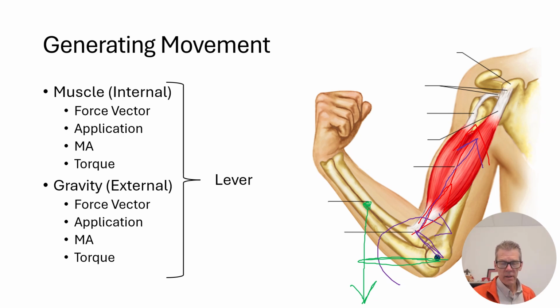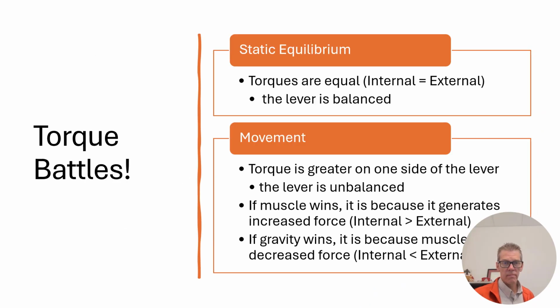Now, let's see what the next slide says. Yeah, torque battles. Okay, so if we wanted the muscle to win the torque battle, remember what we just said was that we're stopped at 110. There's no motion happening. Those two torques are equal.